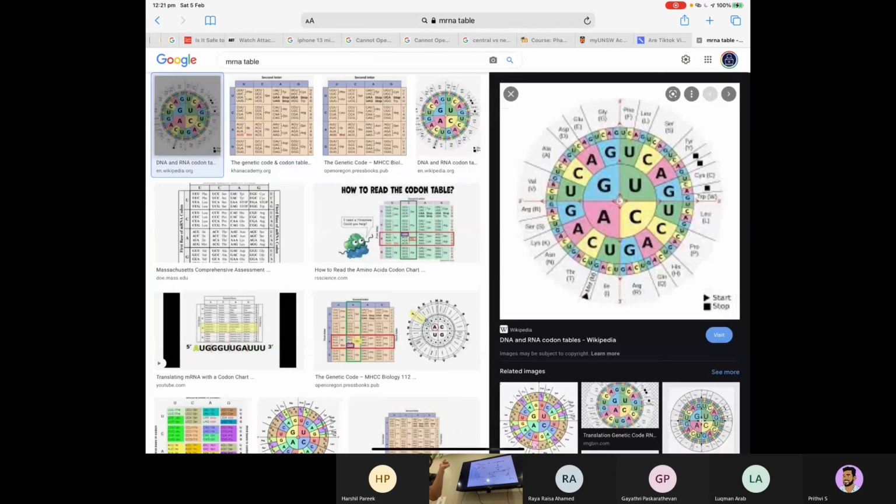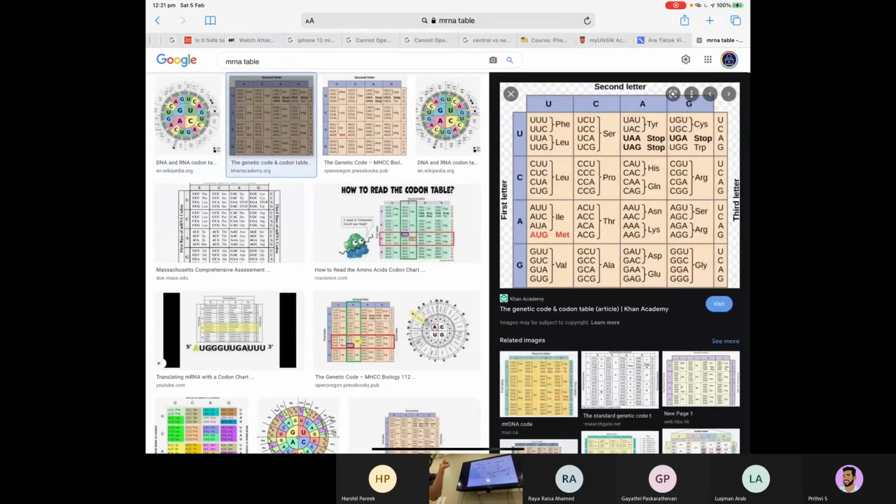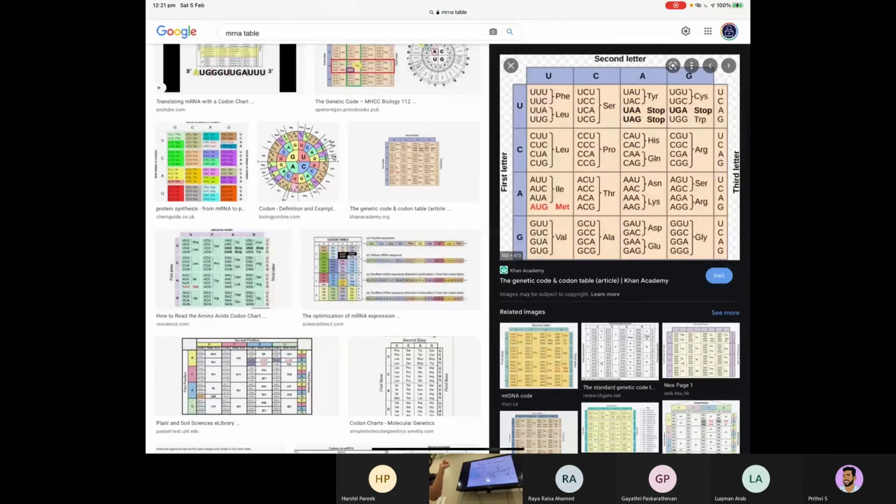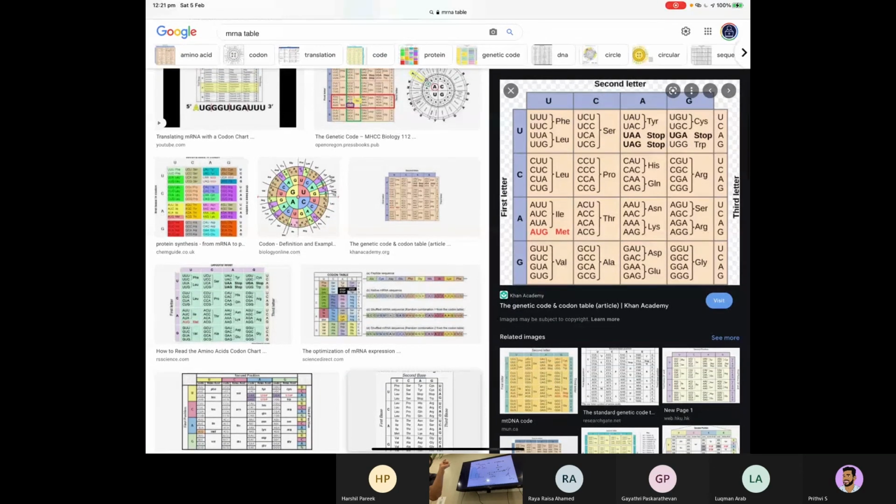We should make sure we pick one that's right. Okay, I'm going to assume this is an mRNA table because it usually is. Yeah, I think I got that correct. Okay, so you've got the mRNA strand, CAU. Good. Okay, so I'm going to assume you got all of that right.